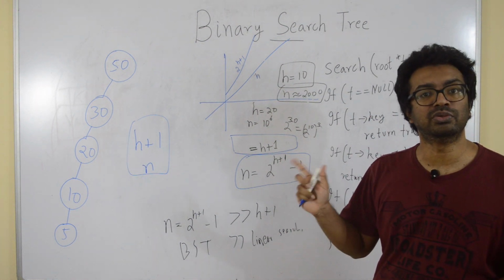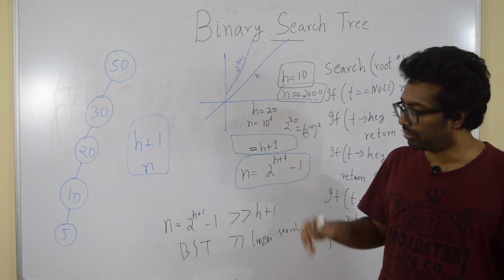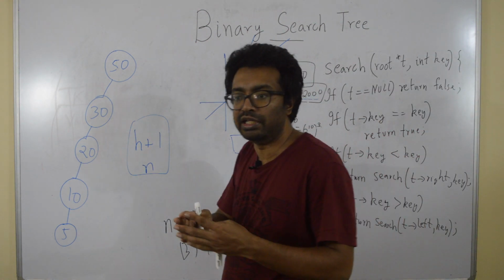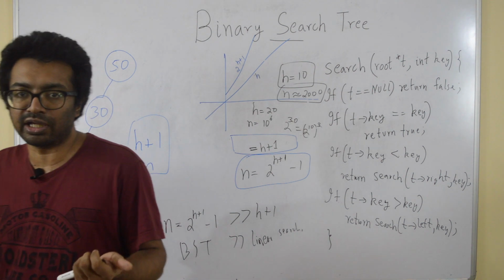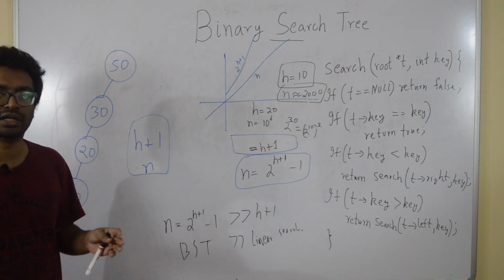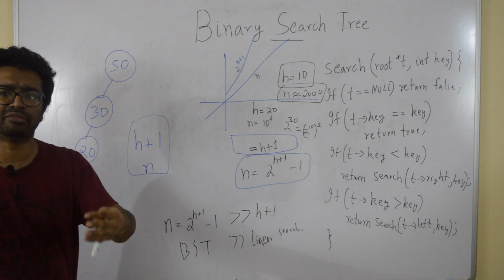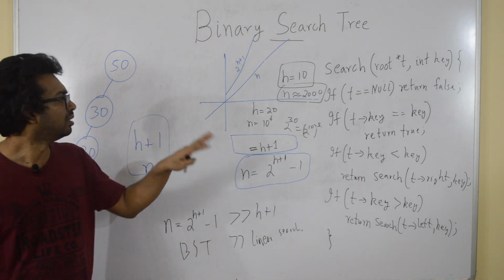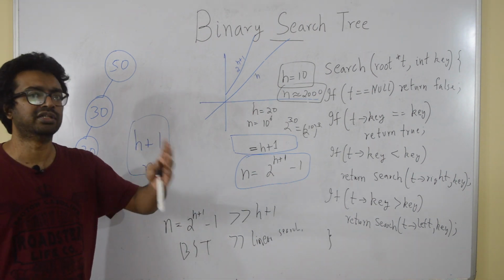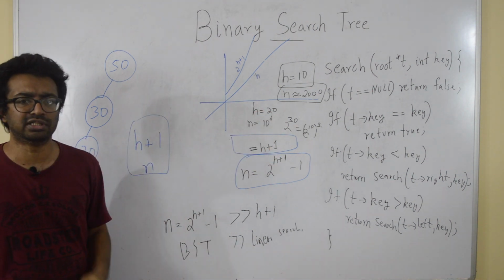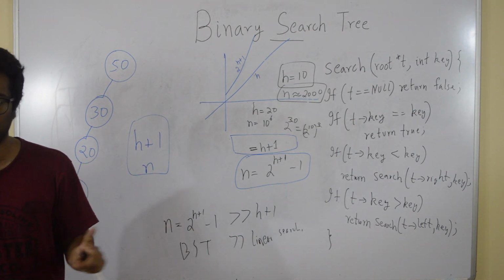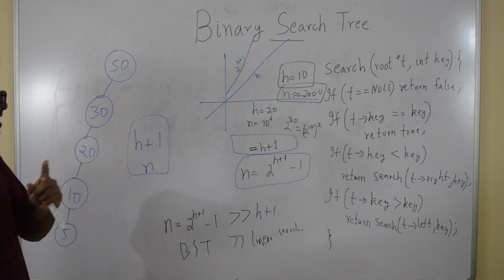There's no advantage to using this tree, right? I might as well have used the linear search algorithm. I could have just kept an array and searched there, and that's much better for me because I didn't have to implement this tree. I didn't have to write this program for implementing the tree and doing the search function, etc. I could have just used an array and done this check.